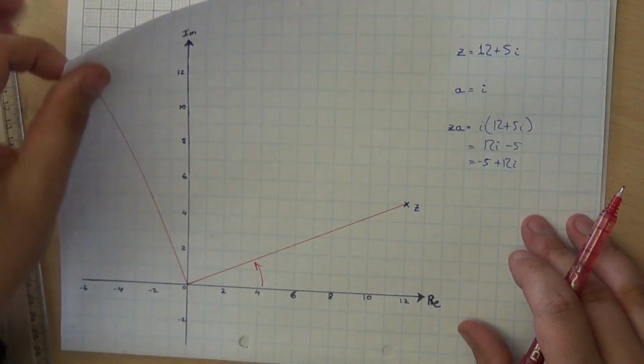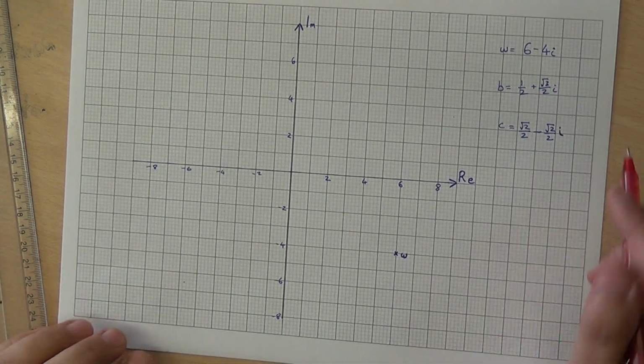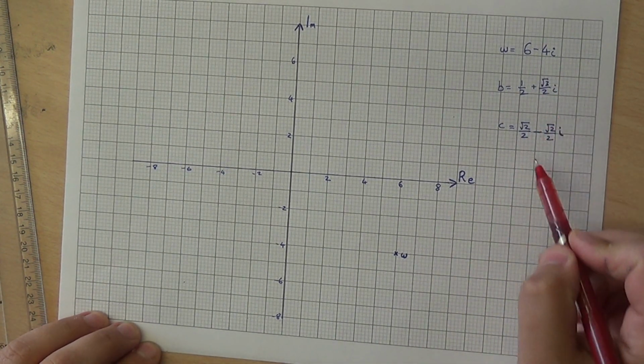And if we look at some other examples, we might start to get another intuition. So we've got w, and we're going to multiply by a couple of other complex numbers.